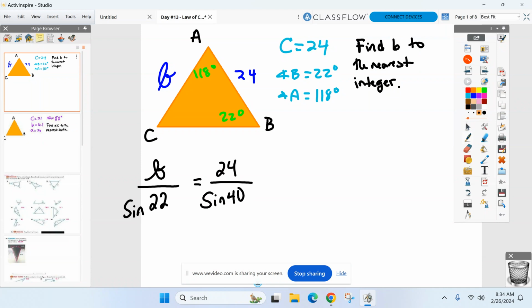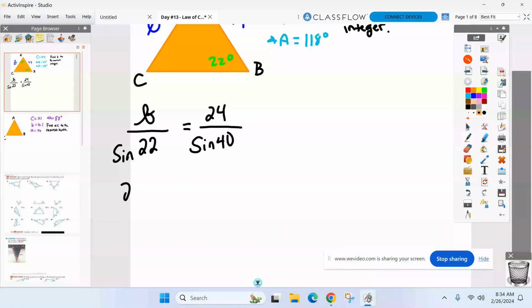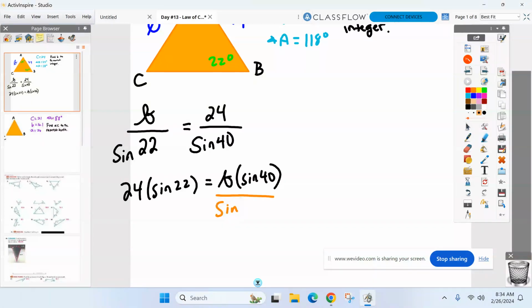Just like we've been solving proportions all year long, cross multiply. When I cross multiply one way, I get 24 times the sine of 22, and when I cross multiply the other way, I get b times sine 40. We're looking for side b, so get rid of the sine of 40: divide both sides by sine of 40. Make sure we round appropriately.